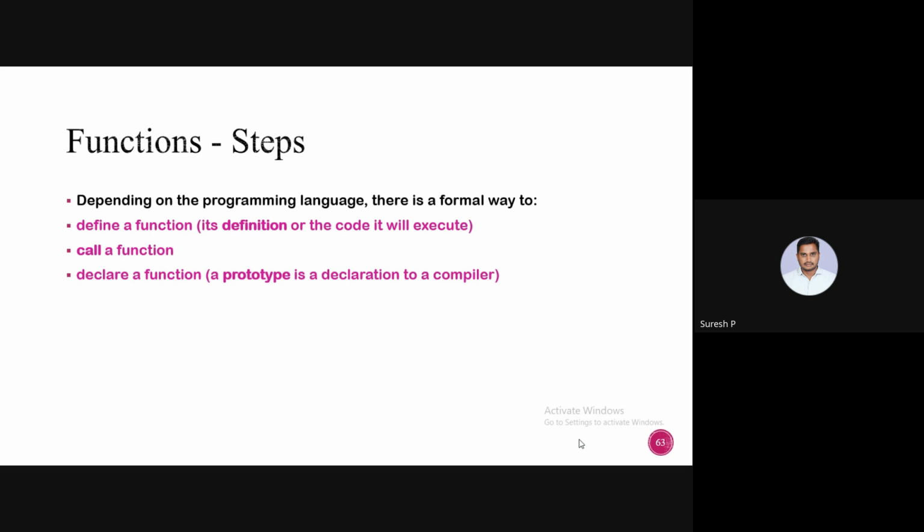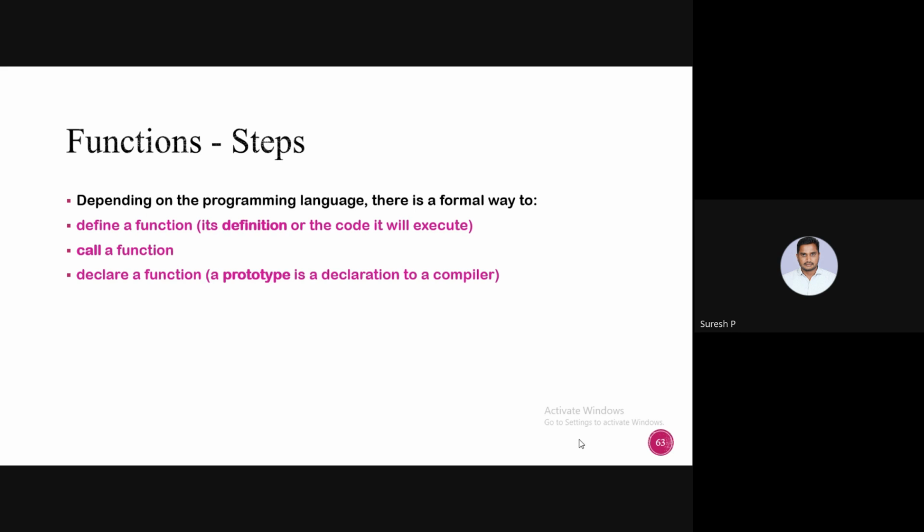Another one is the function call, or calling a function. Function call means, for example, you have created a function called factorial, and we have the main function. If you do not invoke that factorial function from the main function, even though you have written the factorial function in the program, it will not get executed.